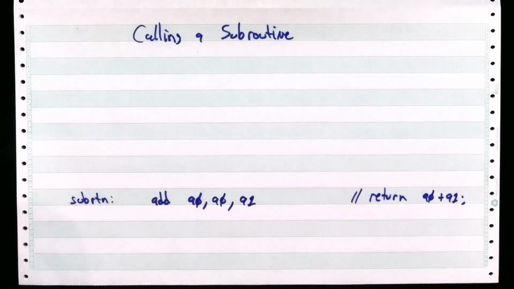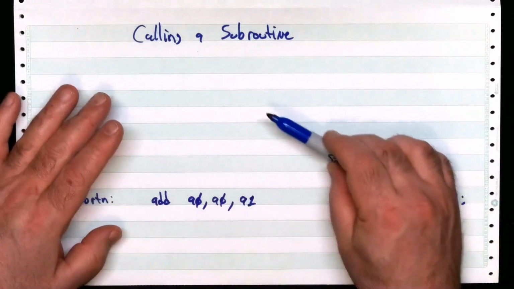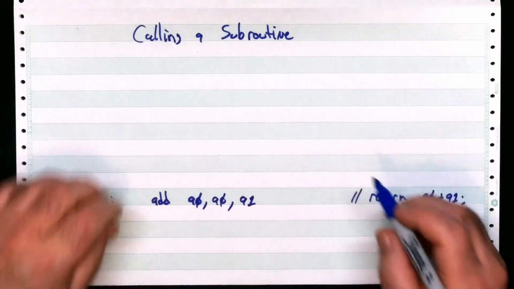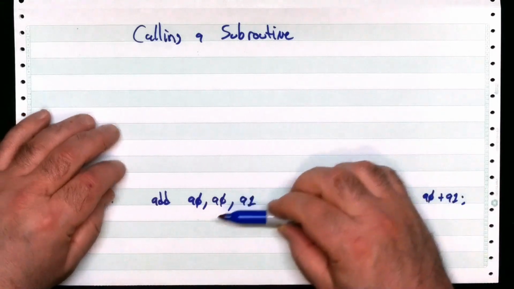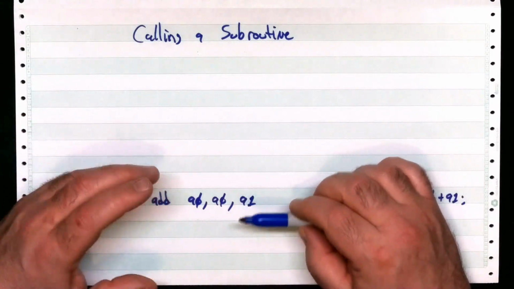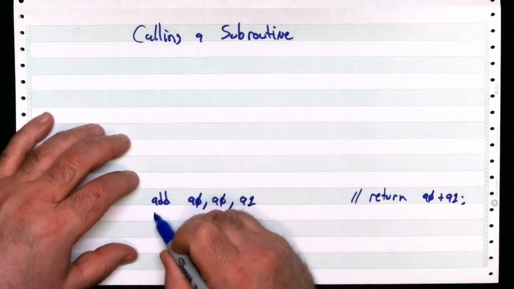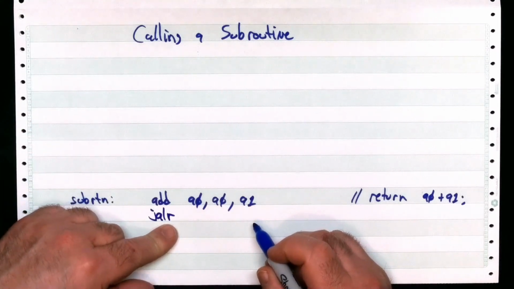Now, what do we do to get out of here? To get back to the caller, we need to go to the address that's stored in the return address register. So how do you do that? There's no go to the value in a register, but there is an instruction called JALR, J-A-L-R, jump and link register. And we know what that does.